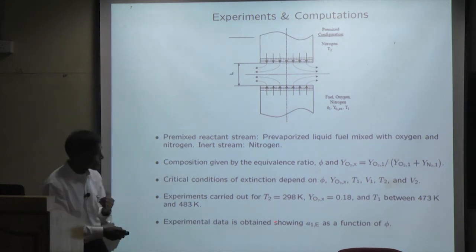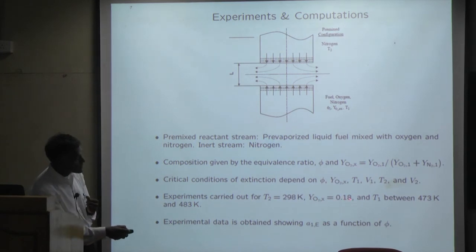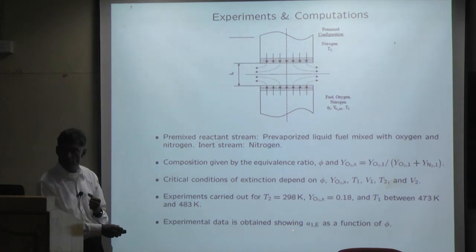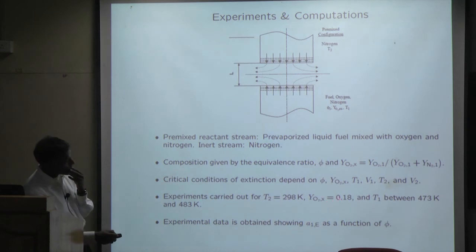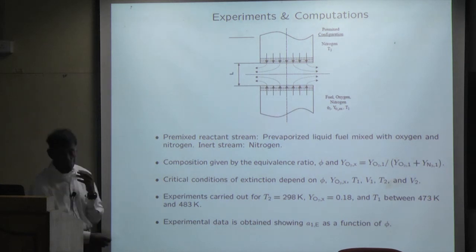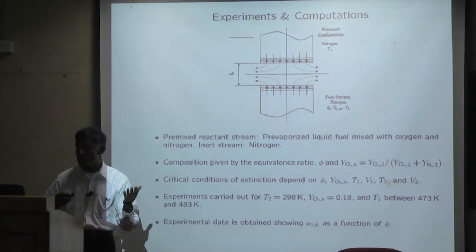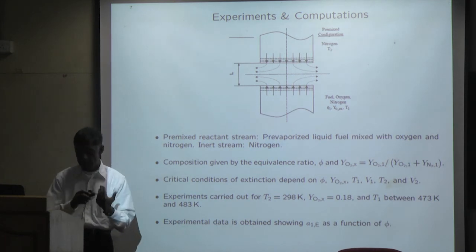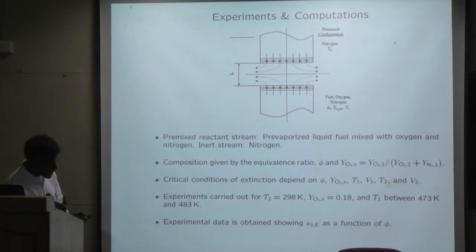The experiments with air would have a YO2x of 0.23, so there's excess nitrogen there. The temperature of the fuel stream was 473 to 483 degrees Kelvin, because the pre-vaporized fuel has a higher temperature.